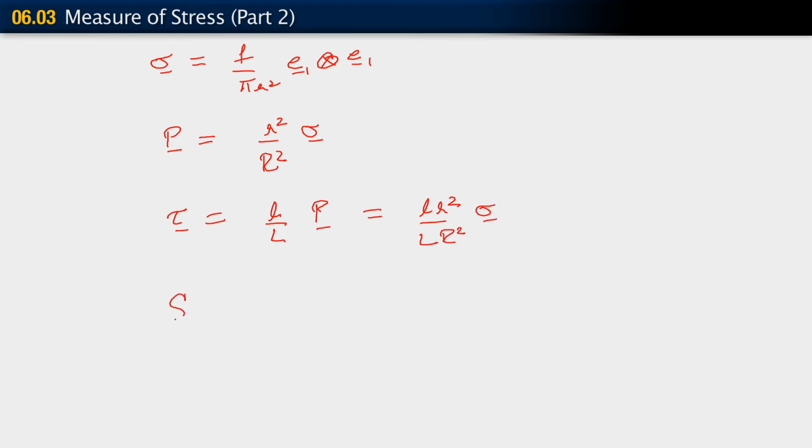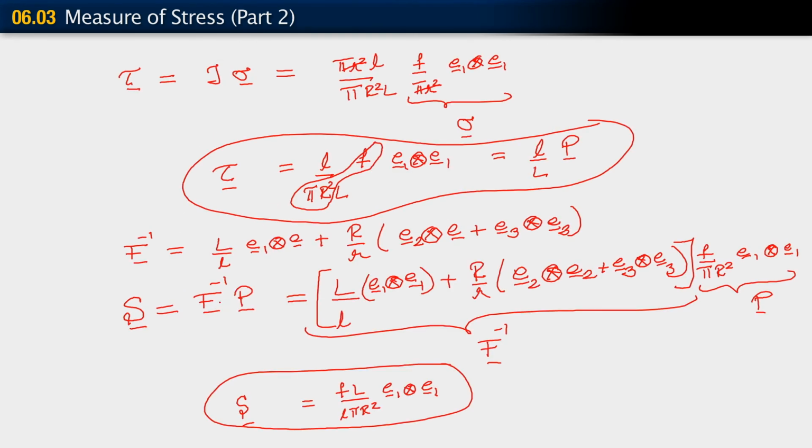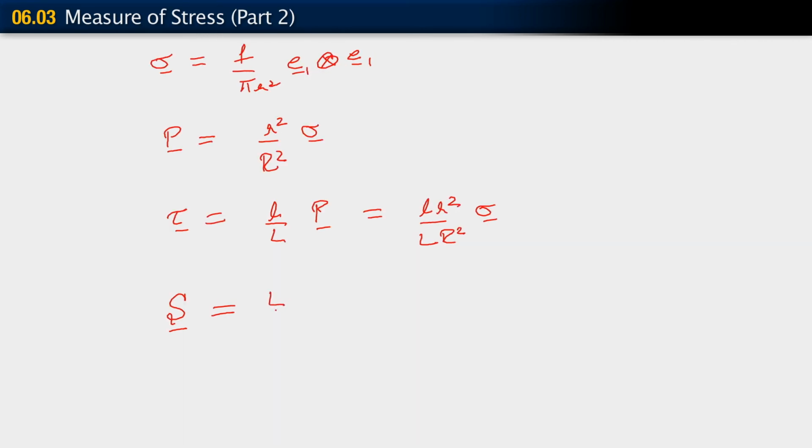And finally S, we found to be capital L over little l P, which is L r square over l R square sigma. So there you have all the stresses in terms of sigma.